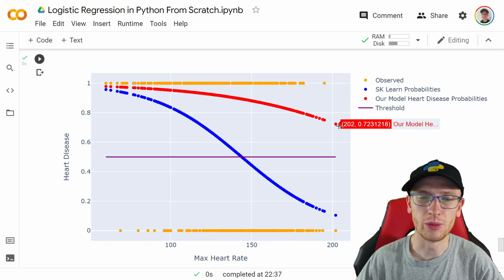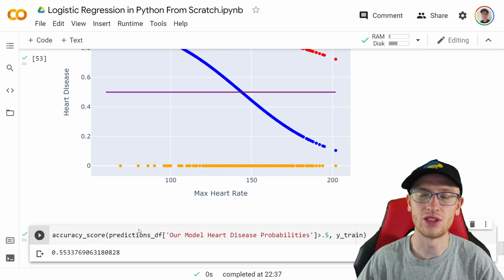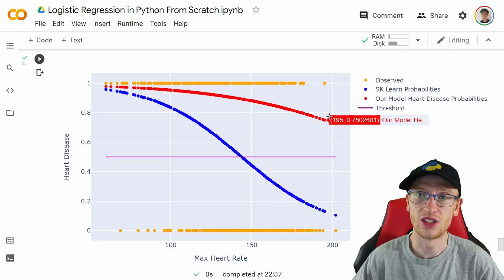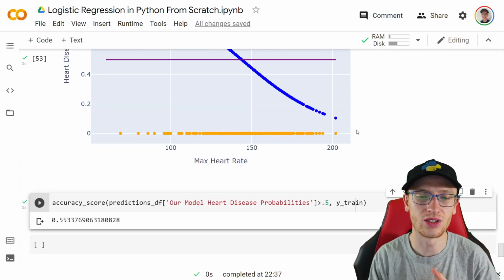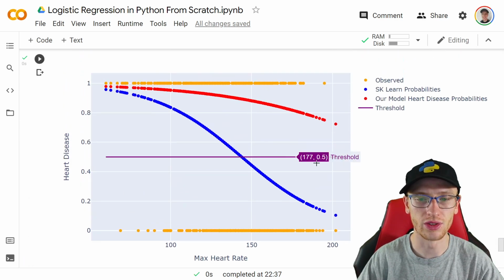And it looks like a little bit more of the data actually has heart disease. And so if we predict that every time, then we actually get 55% because there's 55% of the data that actually does have heart disease and 45% that doesn't. Okay, so clearly, I can't solve this myself. I'm having trouble finding the values that make the right curve here.